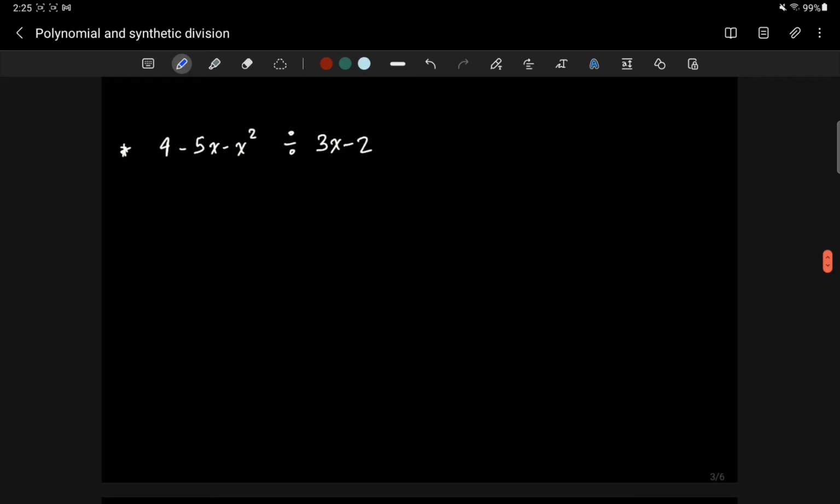Okay, let's look at a second example. Now here, I have this x squared having a negative, so I'm going to rearrange it in decreasing powers of x.